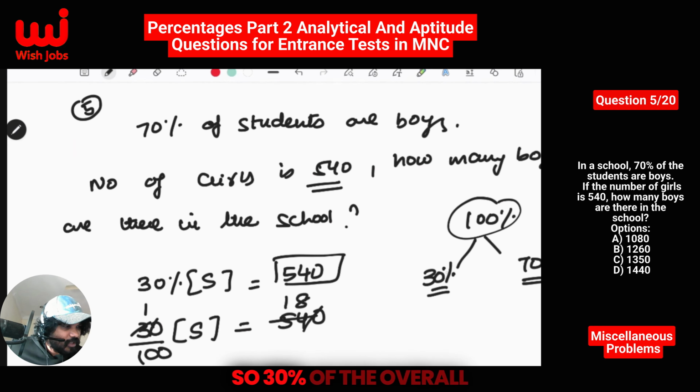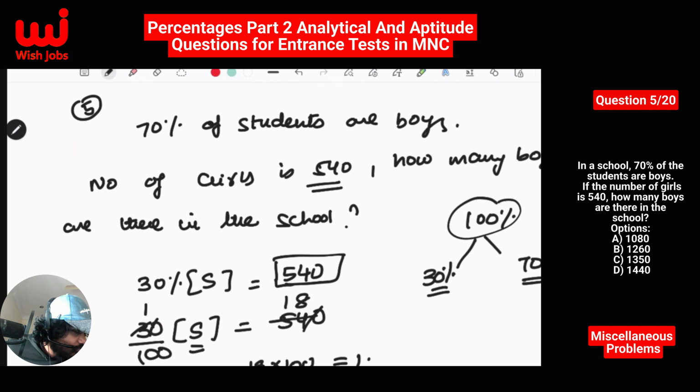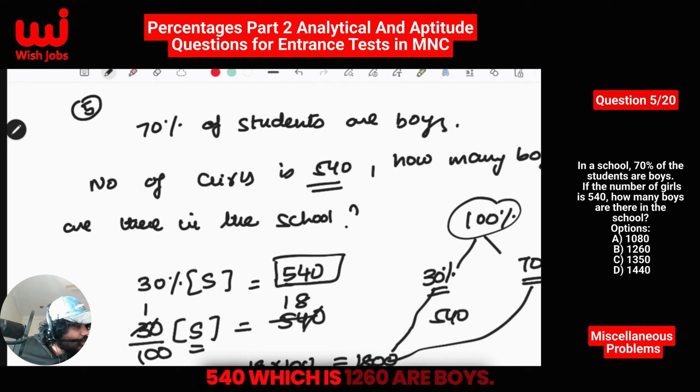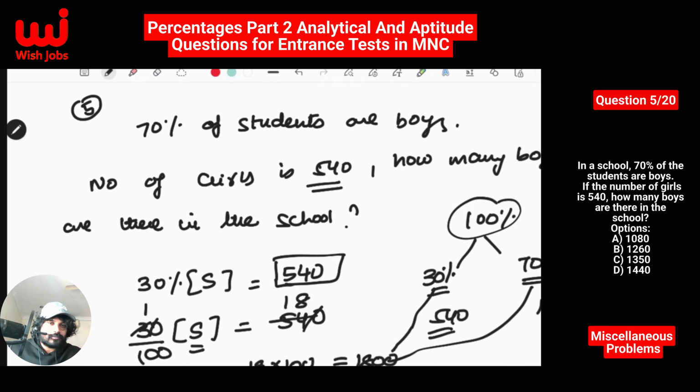So 30% of the overall school strength is girls, which is equated to 540. So 30% of the school strength is 540, then school strength would be 18 into 100, which is 1800. So 30% of 1800 is 540 and 70% are boys, 1800 minus 540, which is 1260 are boys, 540 are girls.